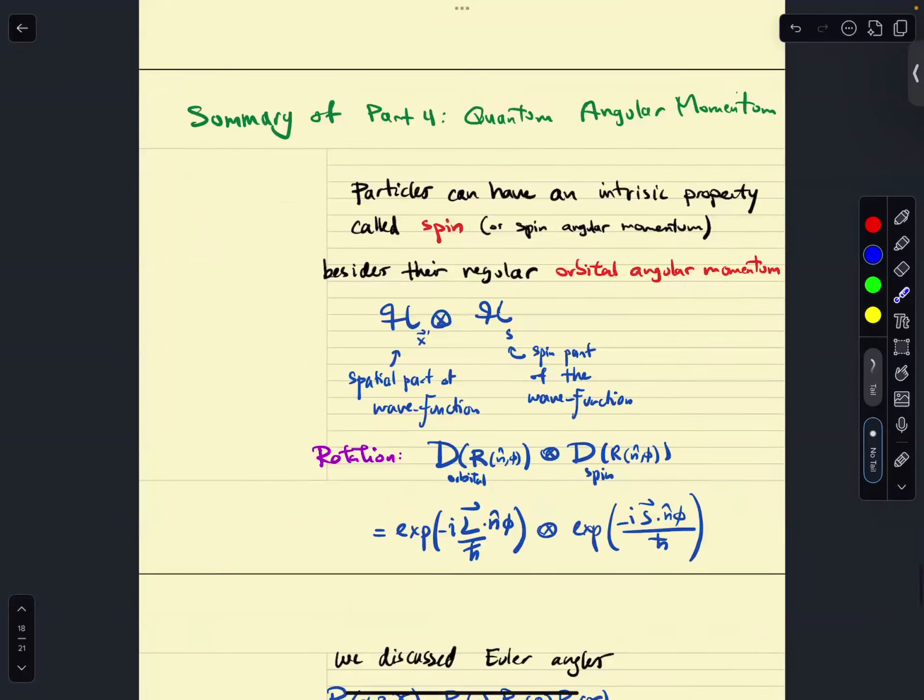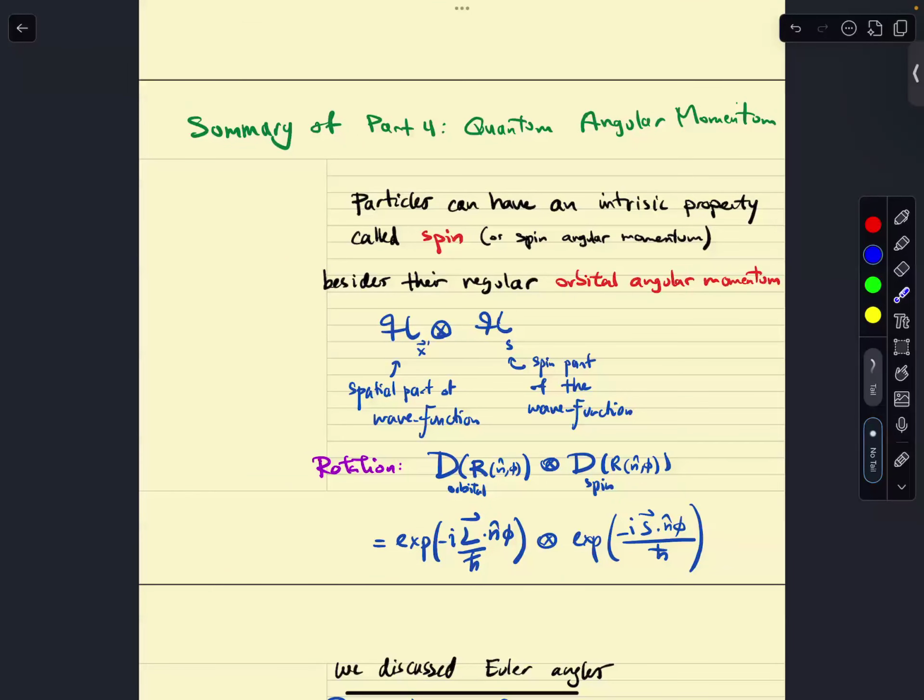The summary of part 4, quantum angular momentum. We said that particles in quantum mechanics can have an intrinsic property, actually do have an intrinsic property called spin, or spin angular momentum. This is a property besides the regular orbital angular momentum.